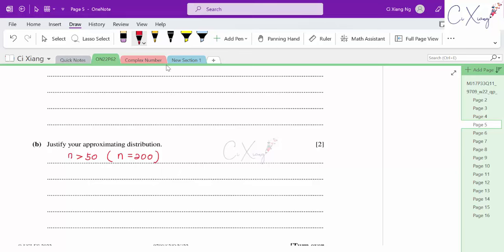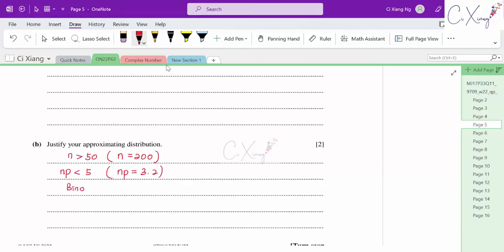The second criterion is np must be smaller than 5. If we double check our calculation just now, our mean, the lambda, n times p, is 3.2, which also fulfills this criterion, np smaller than 5. So these two are the reasons that allow us to change the binomial to Poisson.